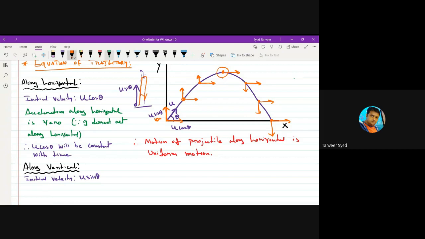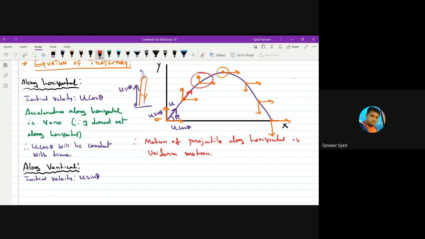Okay. Now, if you remember parallelogram law, consider this point of the projectile. This is the velocity along horizontal, this is the velocity along vertical. Will the resultant of these two be something like this? That's what parallelogram law says, resultant of two vectors.